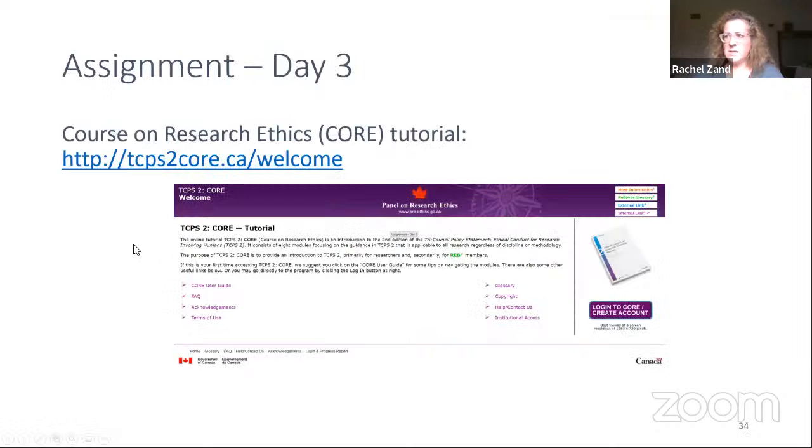And this is an optional assignment. This is the tutorial for researchers and REB members for the Tri-Council policy statement. It will give you further information on how ethical research should be done in Canada, and focuses on, I believe, the first 8 chapters or so. So please take a look at this, and if you want to discuss it further with me, let me know.